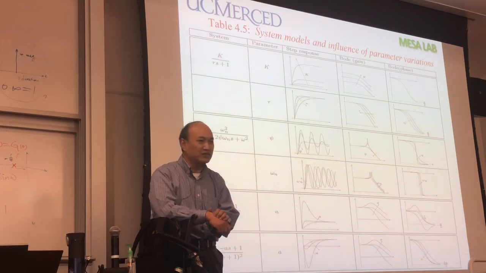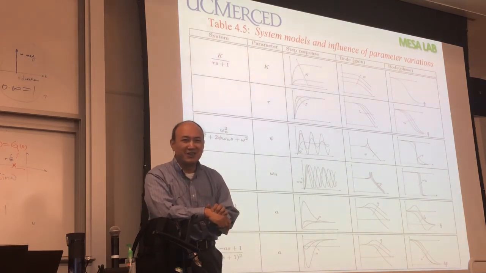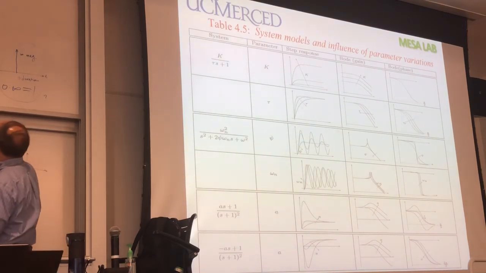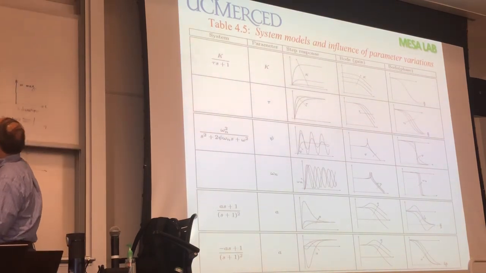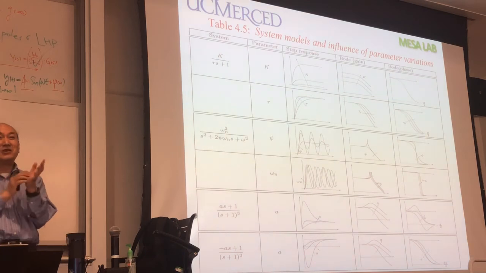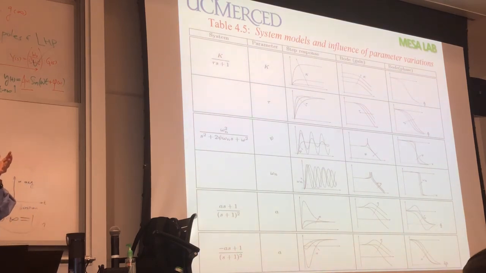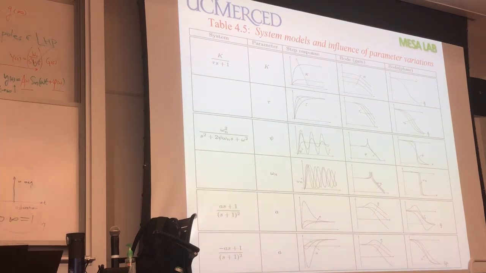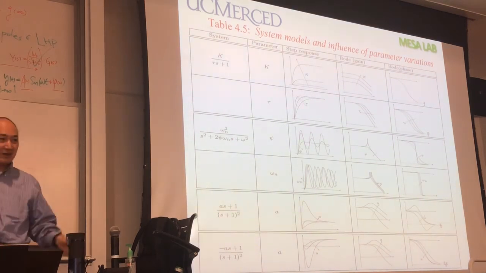What do you mean, unstable zero? The zeros living in this side or this side will have no effect on stability. Stability only counts where your poles are living. If your poles are living in this side, then the system is stable. If your poles are living this side, the poles are unstable.